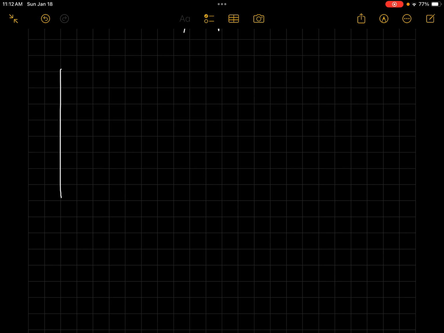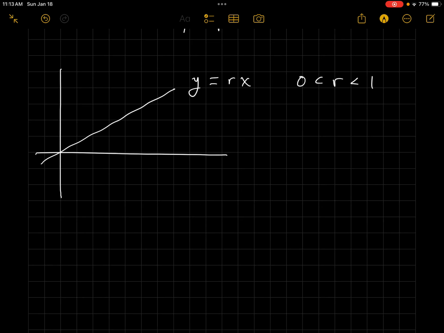So let me set up a quick picture for us. And I'm going to draw two lines that are going to intersect in the first quadrant. The first line is going to be the line y equals rx, where r is between 0 and 1.